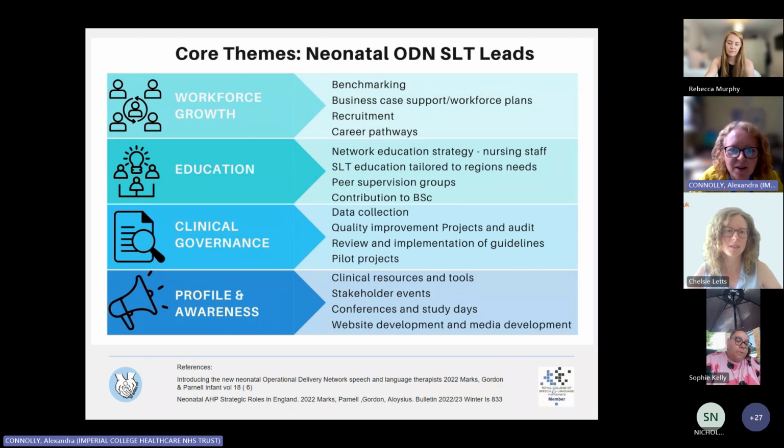I'm going to reinforce some of the key messages that the other neonatal AHPs have raised in their presentations. Our network roles basically came about following something called the Neonatal Critical Care Review. This was a recommendation that each region should have a lead in each allied health professional and psychology profession, and these roles have a strategic overview.